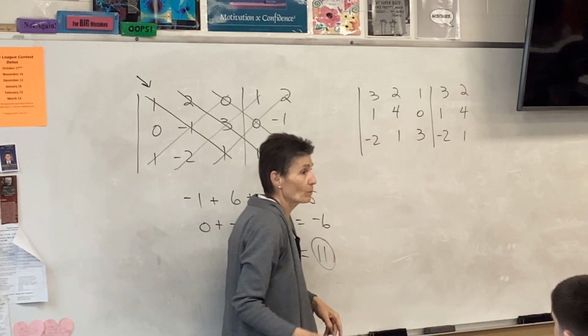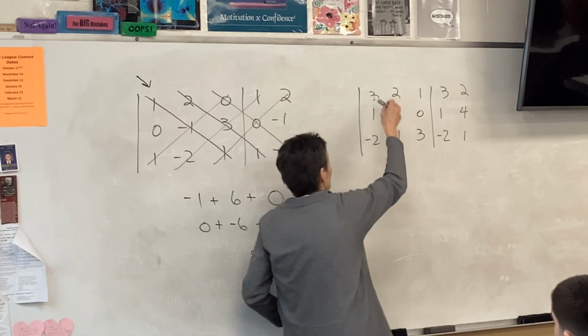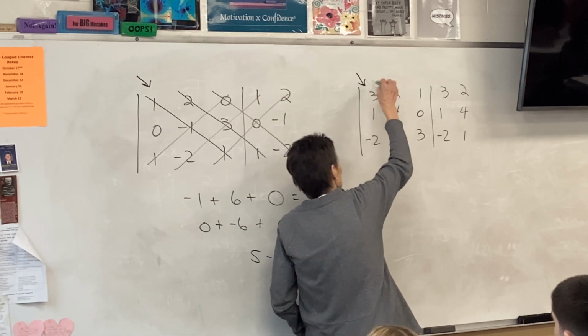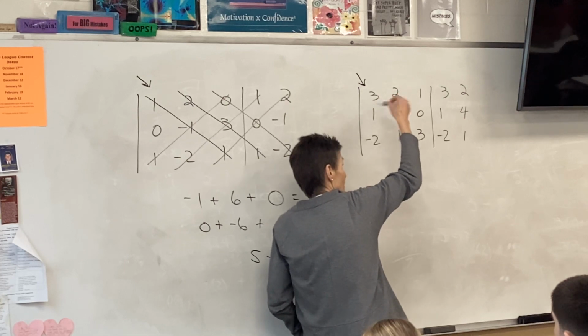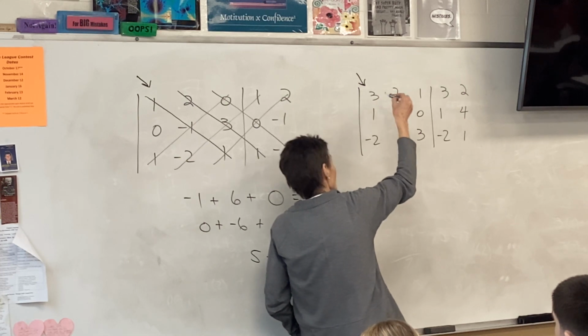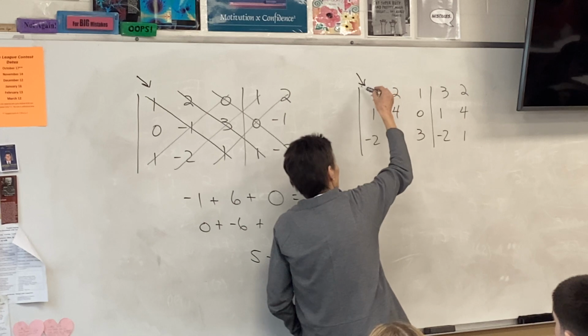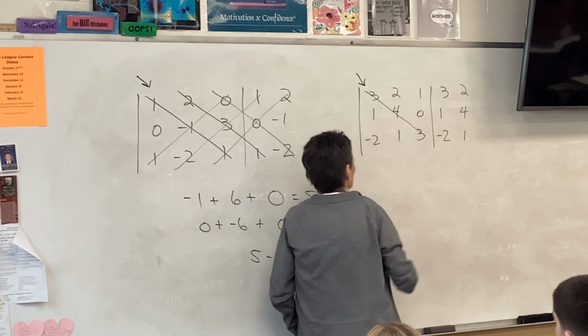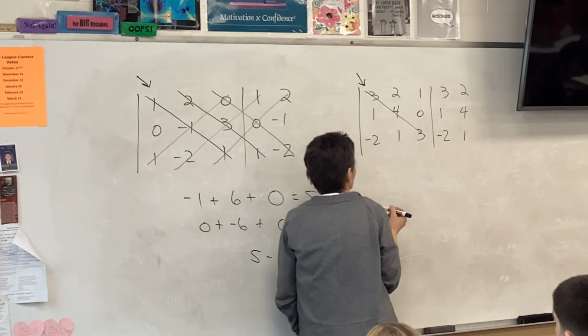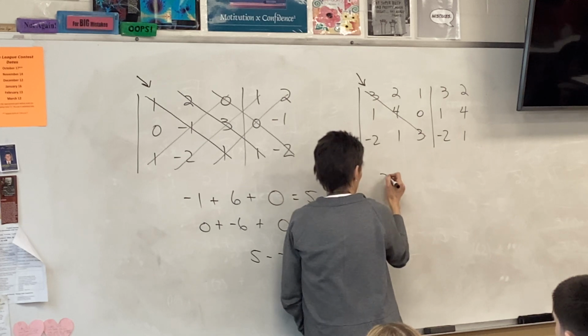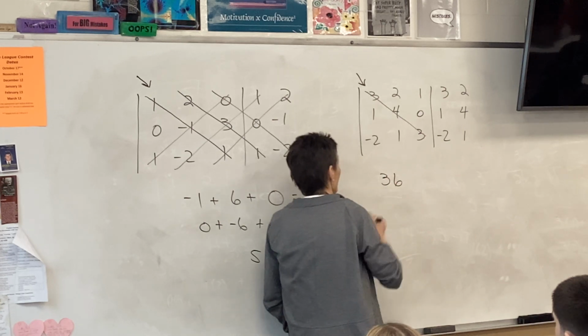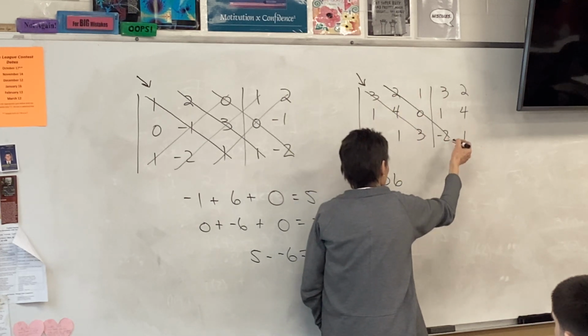Okay, now we're going to multiply. Always start here at the beginning. This is the beginning. This is the first number you wrote right here. That's where we start. So we're going to multiply. What do we get? 36. And then we're going to multiply carefully.